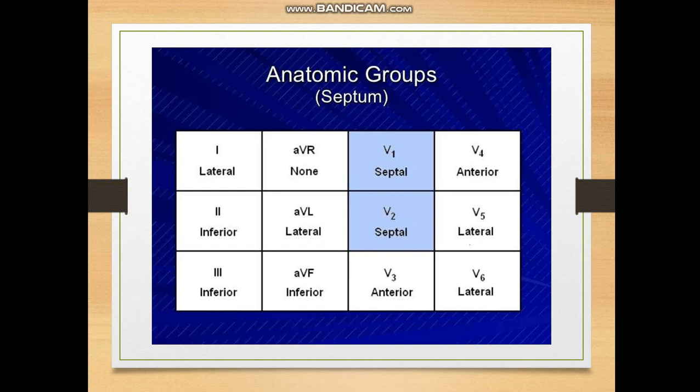AVL is for the lateral side of the heart, AVF for the inferior, V1 for the septal part, V2 also septal, V3 and V4 denote the electrical activity in the anterior part of the heart. V5 and V6 depict the electrical activity recorded from the lateral aspect of the heart. Then comes the anterior wall.